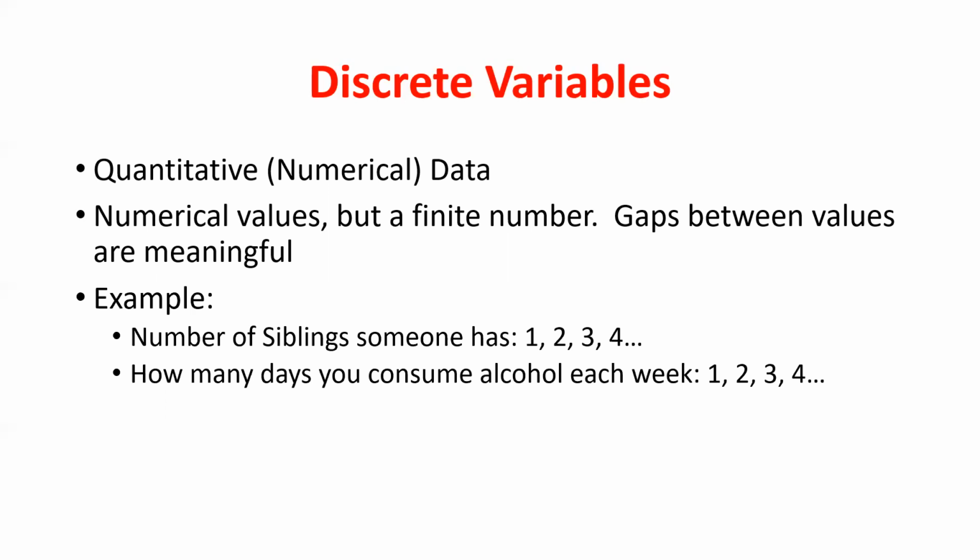We'll look at a lot of survey data. They'll ask people the number of days in a week they do a certain activity. Here, I think I chose the one where they consume alcohol. Once you do something on a day, you've done it 1 out of the 7 days. Once you do it a second time on a different day, you've done it 2. You can't do it on half a day, if this is the way the question is phrased.